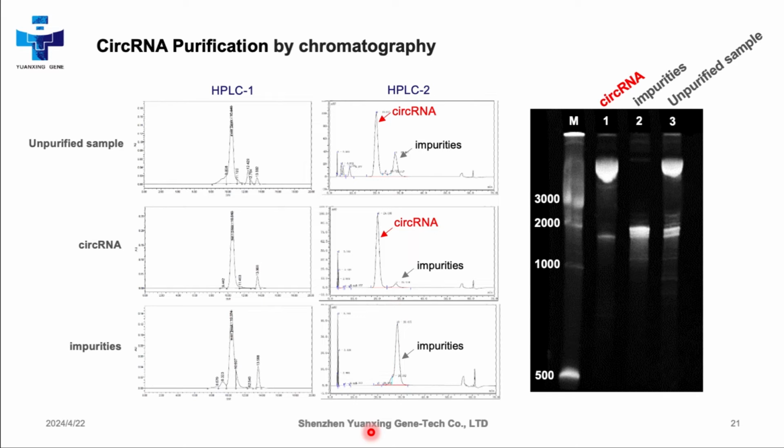We can see that after the chromatography purification, the purity of the circRNA is significantly increased, and the impurities have been largely separated out. And also the electrophoretic evidence further confirms the substantial enhancement of the circRNA purity, and the majority of the impurities have been effectively eliminated.